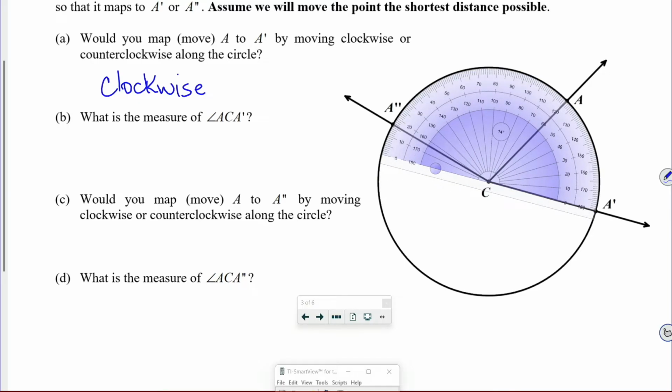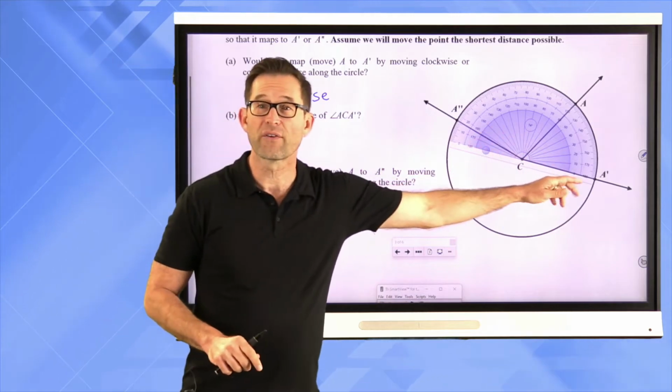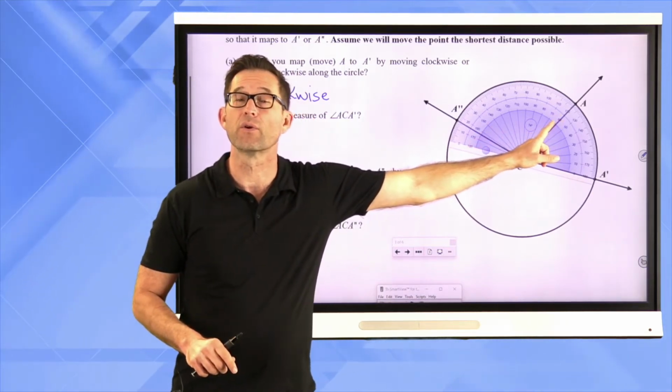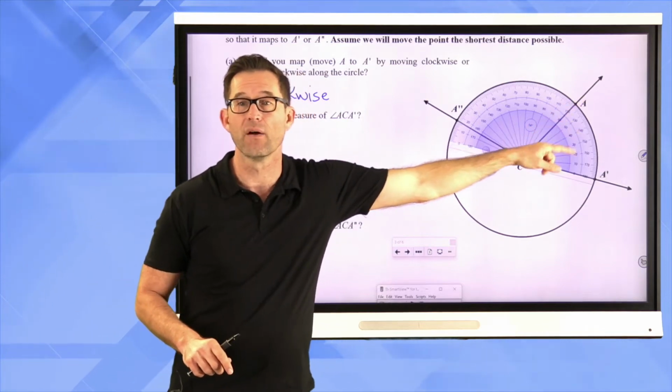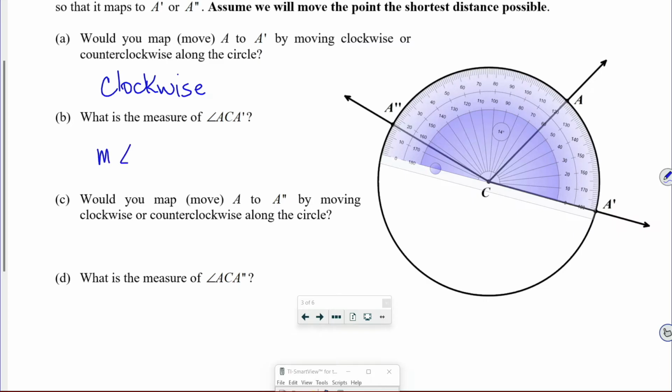And it looks like that angle is 60 degrees, right? So again, make sure you're reading your protractor correctly, but on our protractor, we're going to be measuring it off on this particular inner scale as opposed to the outer scale, and that is a 60-degree angle. So the measure of angle AC A prime is 60 degrees.